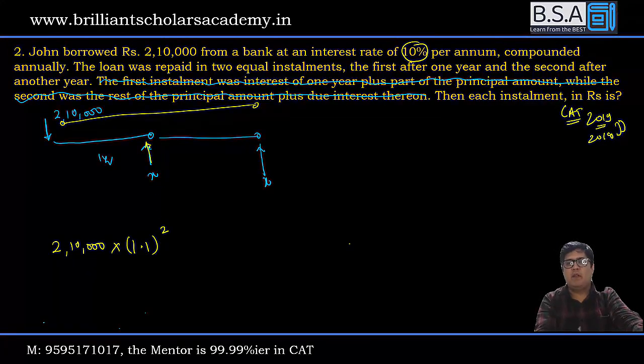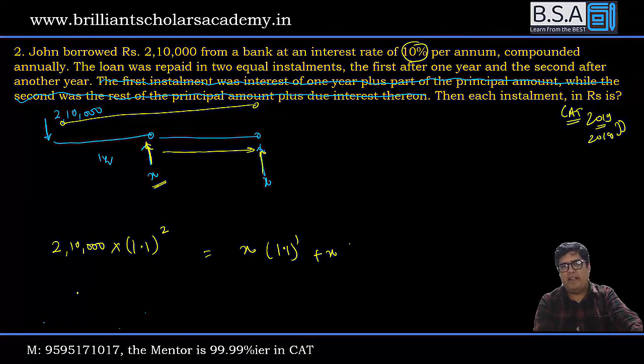When this payment was made X rupees, there was 1 year's time period after that. So this X rupees would generate interest for 1 year, 1.1 to the power 1. And when this payment was made, it was the end of the time period. So there is no interest for this X, that is fixed.